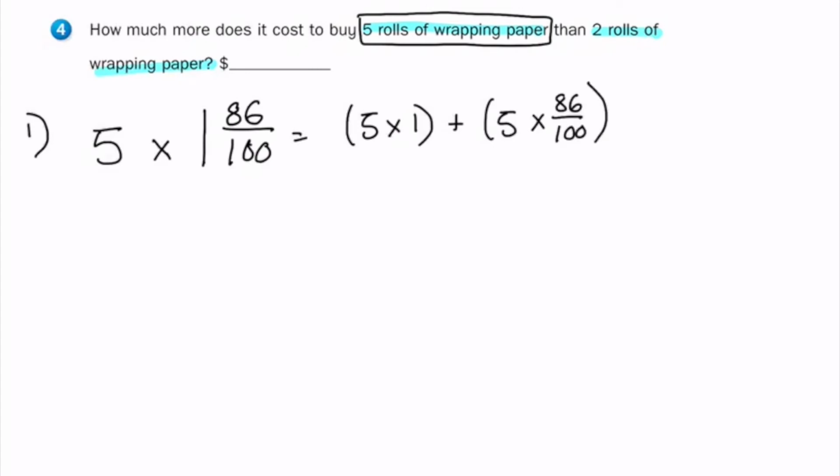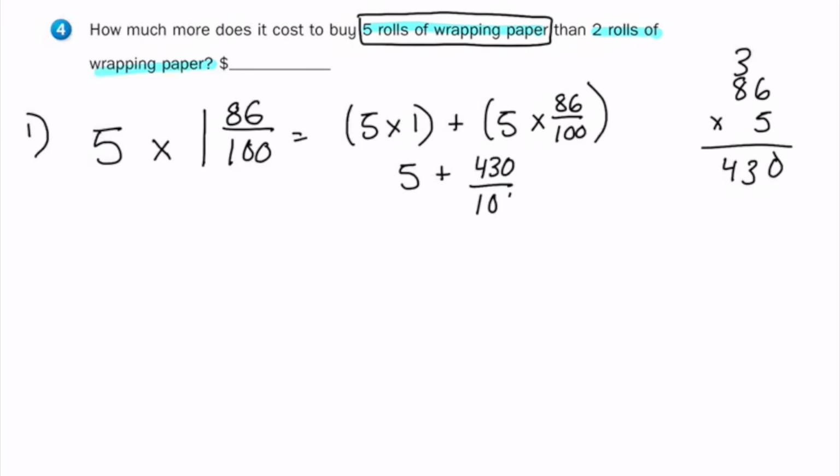And then we're going to solve. 5 times 1 is 5. Plus 5 times 86, which I can do over here. 5 times 6 is 30. And 5 times 8 is 40, plus 3, 43. So 5 plus 430 hundredths.